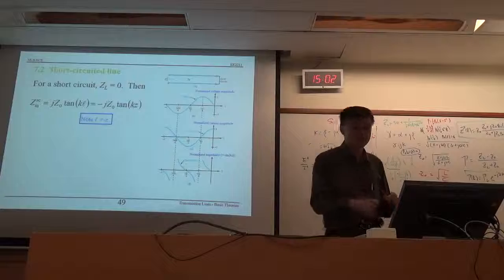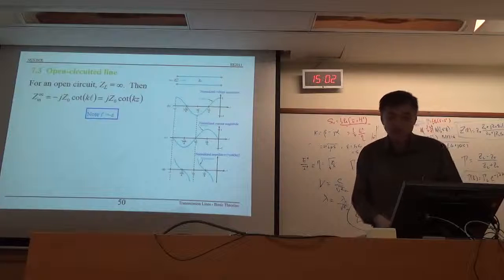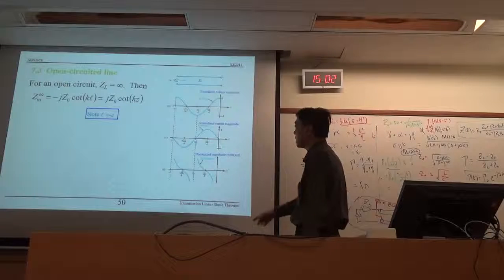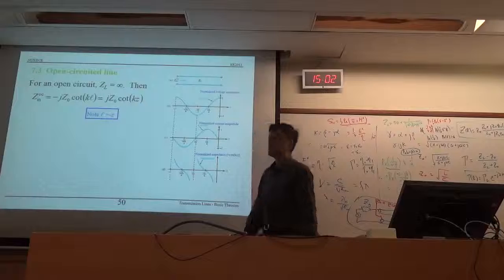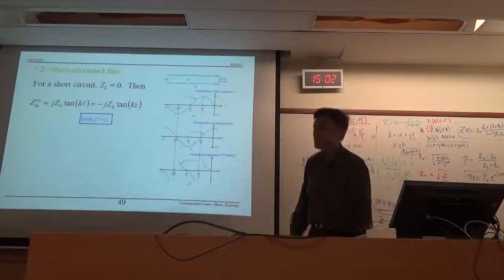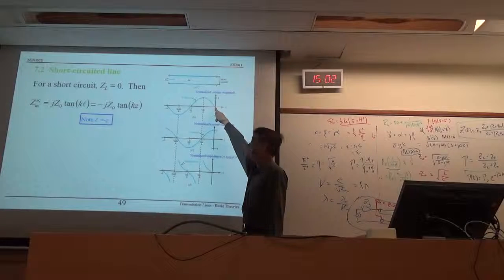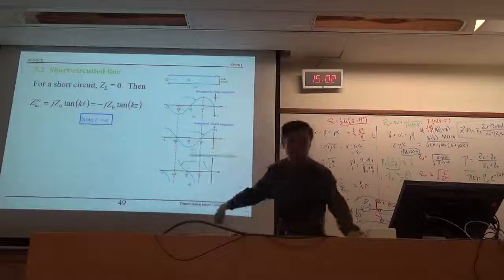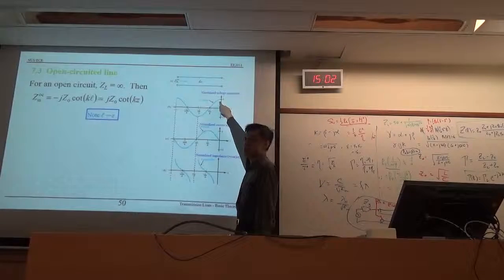So this is the issue of transmission lines. Now open circuit is about the same. We just reverse the voltage and current maximum, because at short circuit the voltage is 0 and the current is maximum, but at open circuit the current is equal to 0 and the voltage is maximum.